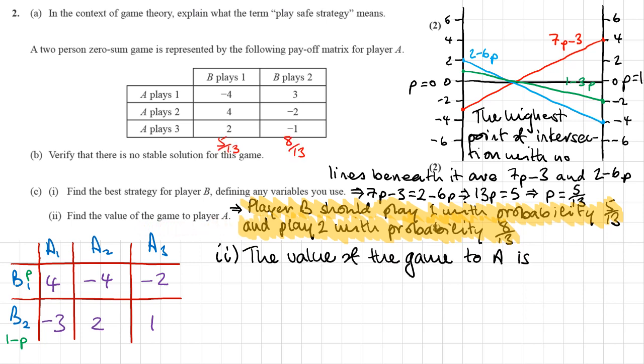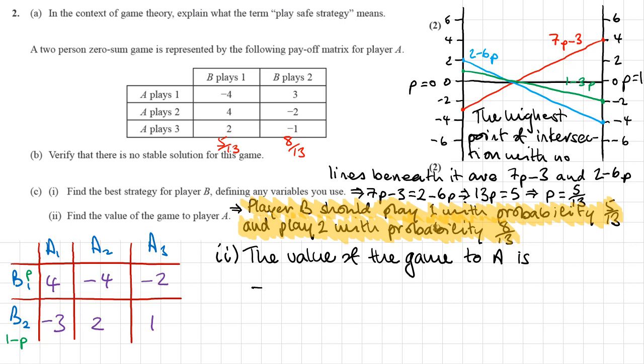Okay, so the value of the game to A is, now we can use either one of these, the 7P minus 3 or the 2 minus 6P, to work out that value. Now remember, this P is from B's perspective, so whatever we work out for the value is going to be the value for B, so we need to reverse that and put a minus sign in front of it.